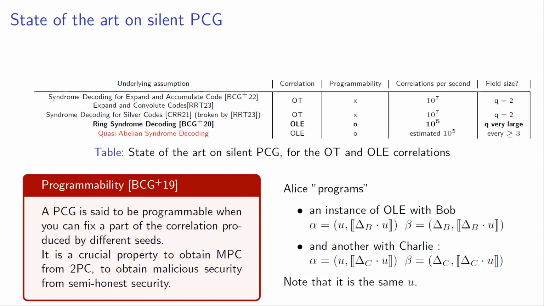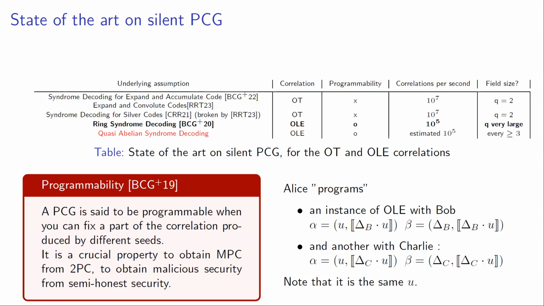I also want to emphasize that these constructions have a very nice property, the programmability property, which says in essence that you can program some part of the correlation that you obtain. For example, if Alice is doing two OLEs with Bob and Charlie, she can fix some parts of the correlation she obtains. Here you can see that it is the same U.